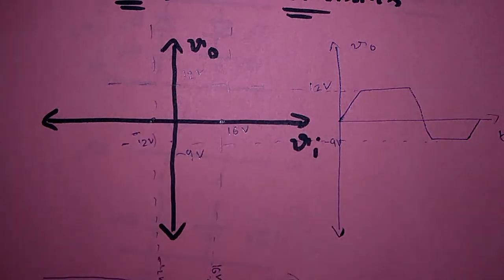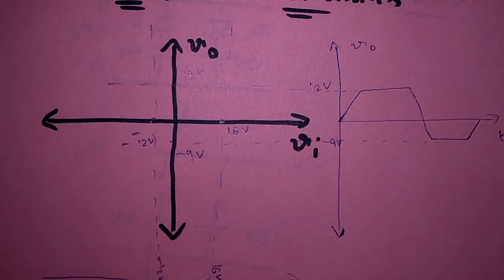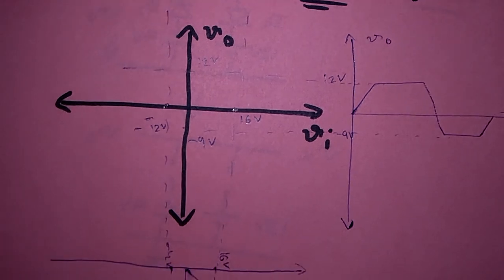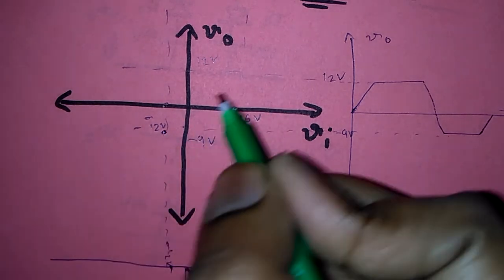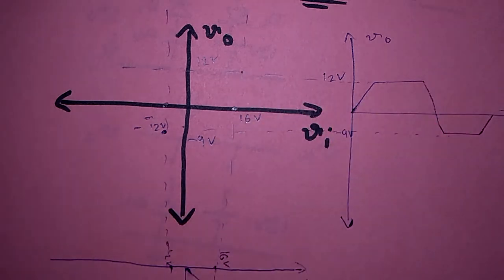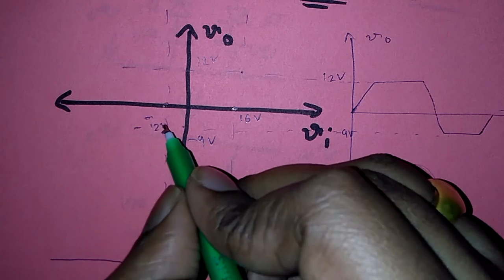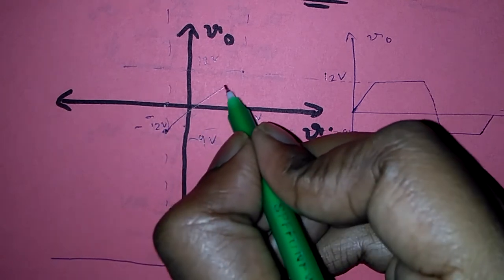So what happened in the output waveform means between the reference values 16 volts and minus 12 volts, when our input waveform is present, the output follows the Vx. So from this point to this point there is a linear relationship between Vx and output. So I am drawing a linear curve like this.